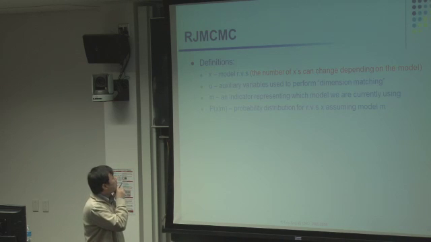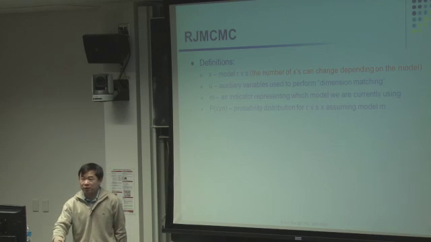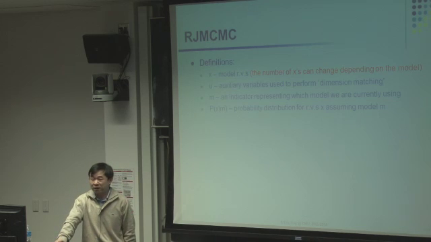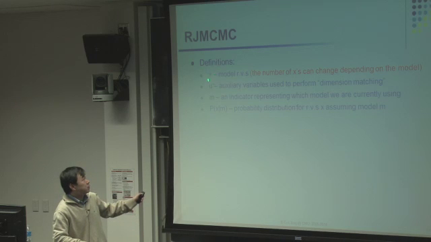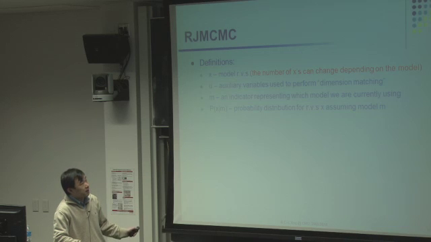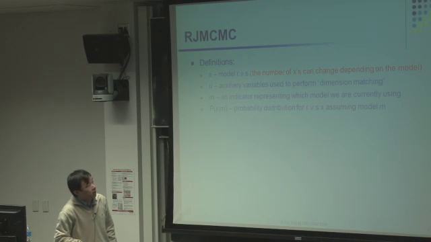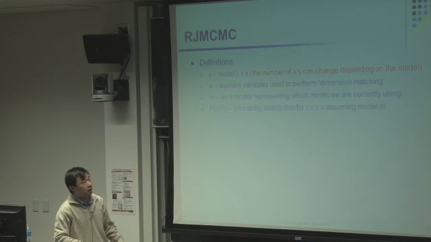And here we're going to introduce a lot of auxiliary random variables. We care about the original variables itself, like x, the model random variable. But in this case, because we are going to choose different models, the number of x can change.